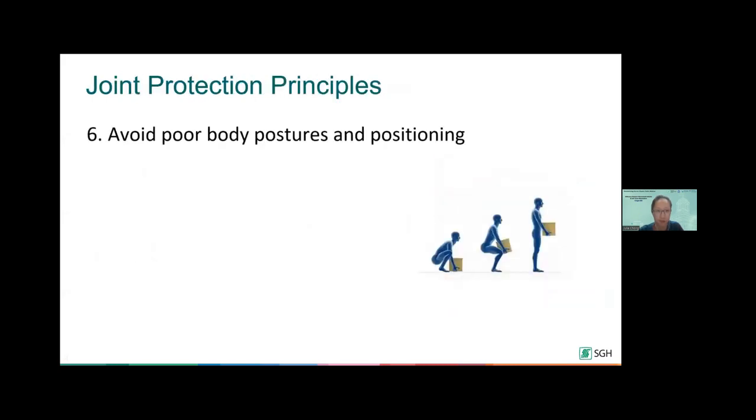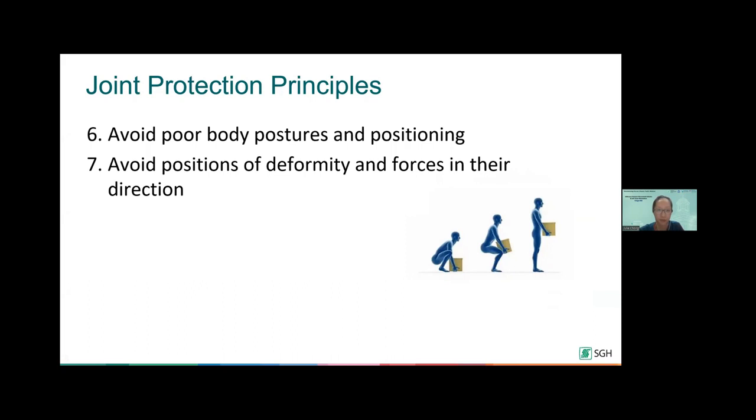So it is also important to avoid poor body postures and positioning. For example, if we are typing at the computer, many a time our desk is a bit too high, or the chair is a bit too low, and we find ourselves hunched over the table, or in some cases the laptop or the computer is positioned at an angle and we constantly have to keep turning the head or looking in one position.